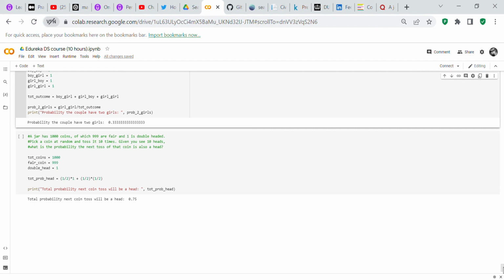So print the total probability that the next coin toss will be a head, and the total probability of head is 0.75. There are other ways that you can solve this, such as using Bayes' theorem, but I just selected this approach because it was the easiest for me to understand. I know that I need to take a probability class, which I've never taken, so I can learn all of these things.